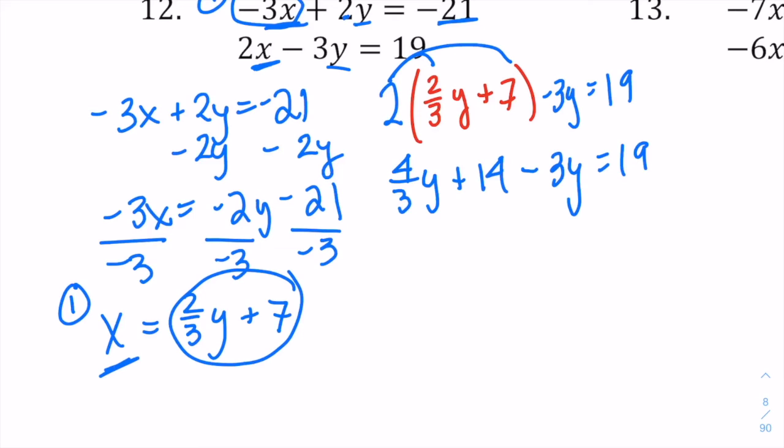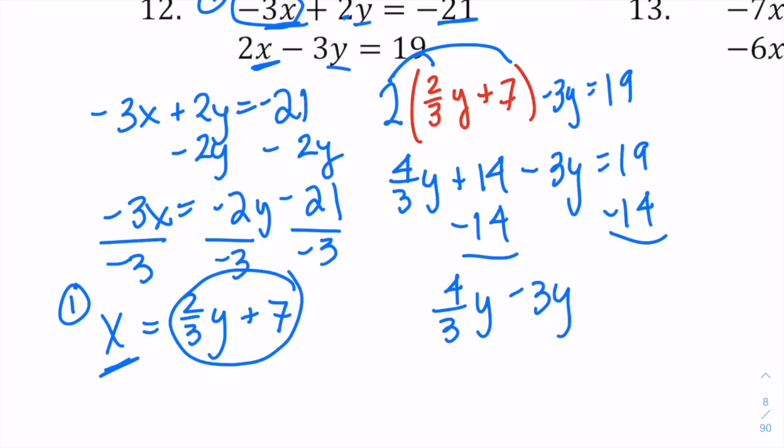Looking ahead, the best thing to do in my mind would be to combine, to get the negative 14 over here, so we have fewer constants floating about. 4/3 y minus 3y equals 5. At this point, you have options. If you want to, you could combine these, say this is negative 9/3 and positive 4/3 and get negative 5/3.